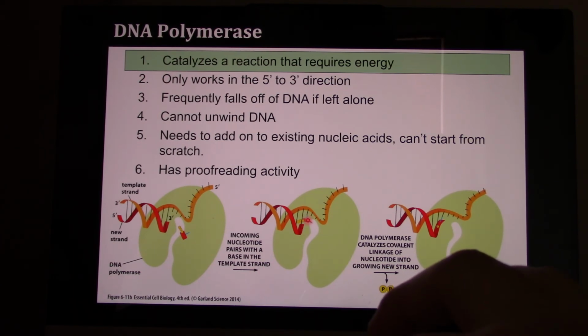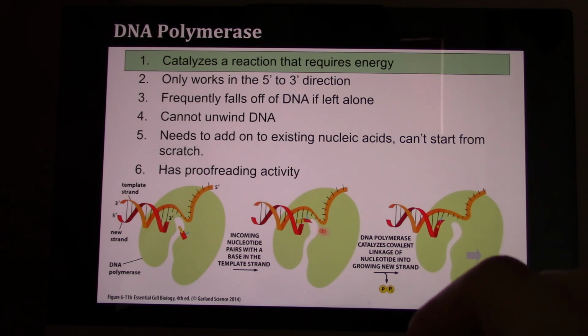We've got a little blue showing a hydrogen base pairing right there. Then the DNA polymerase catalyzes covalent bond linkage between the side-by-side nucleotides. This nucleotide monomer is added to the growing polynucleotide strand, and we get this covalent linkage of the nucleotide into the growing new strand. What is cleaved off of that nucleotide monomer are the pyrophosphates.